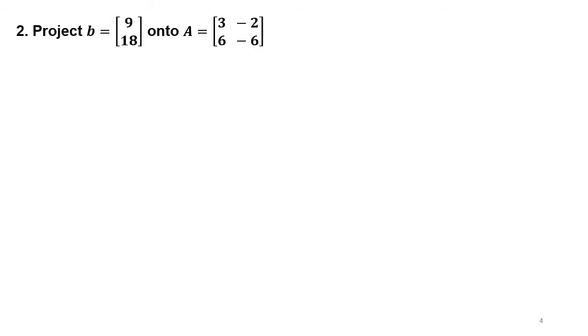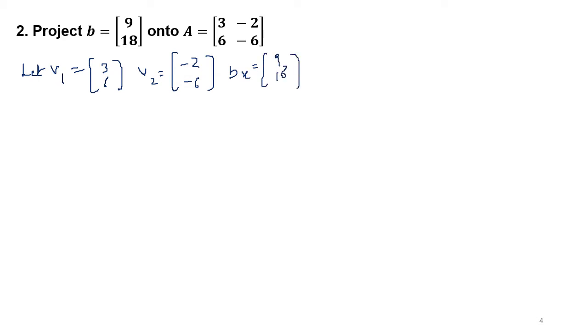Second problem: project b = (9, 18) onto a = (3, 6) and (-2, -6). So let v1 be (3, 6), v2 be (-2, -6), and bx be (9, 18).